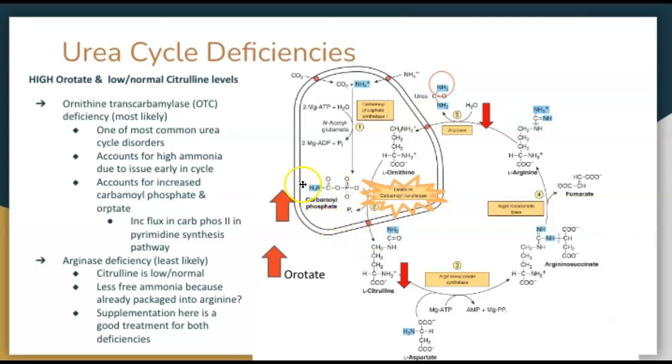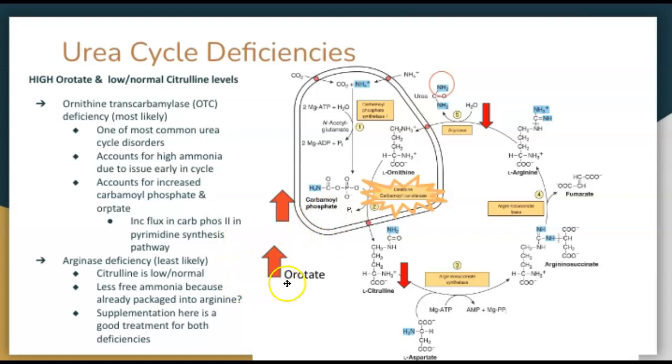This will cause it to shuttle out of the mitochondria and go into a different pathway, which will cause increased orotate levels to occur. Instead of the carbamoyl phosphate synthetase 1 enzyme, it will go through the second one, which is used in the pyrimidine synthesis pathway.